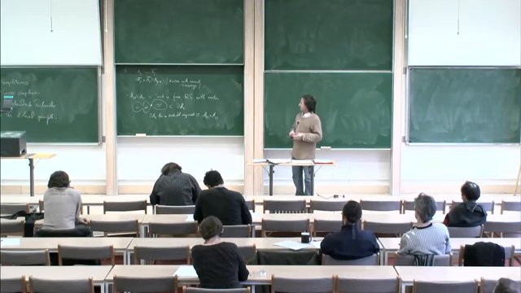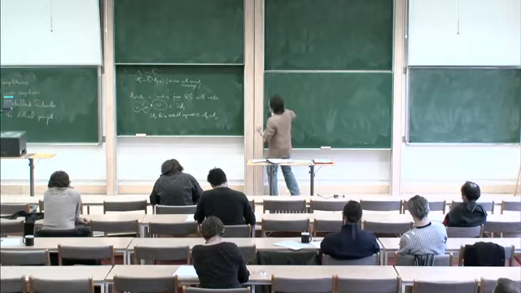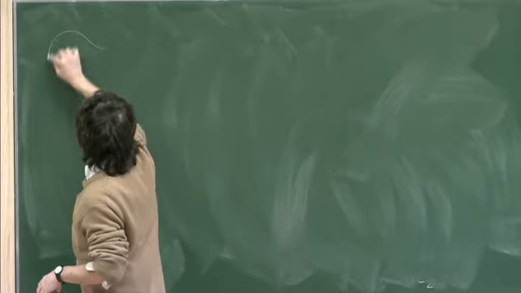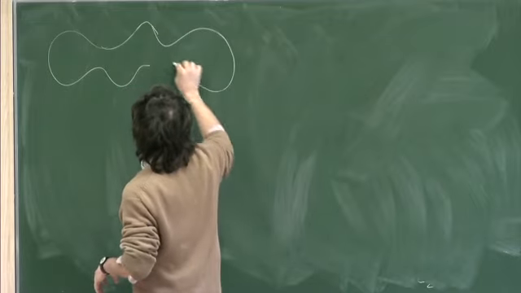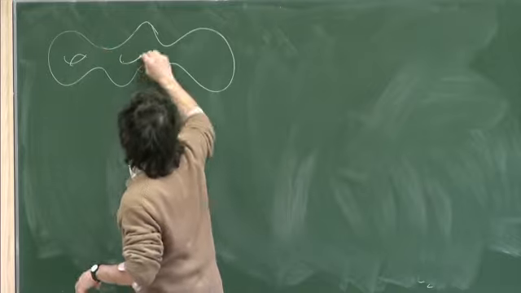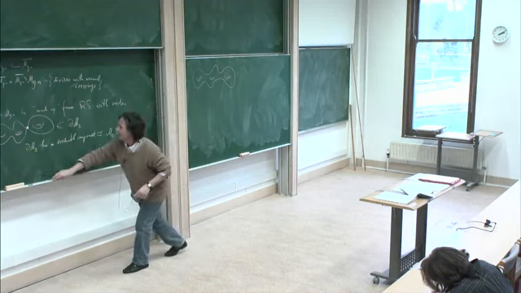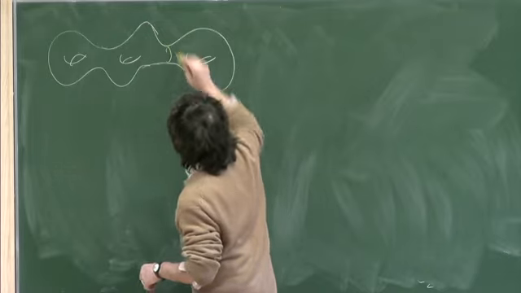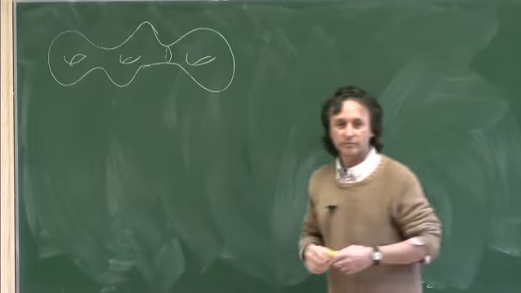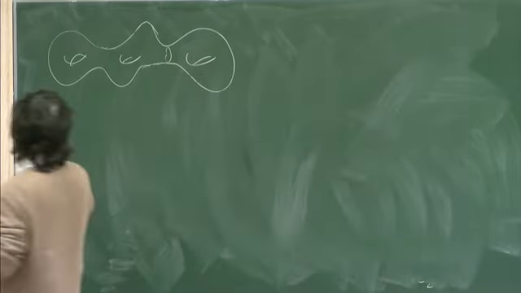What do these surfaces look like? What has happened here? Let's try to be more specific. You start from genus 3. Well, maybe genus 3 is a bit ambitious. I can't draw it very well. And you have singled out one curve. So, fact.